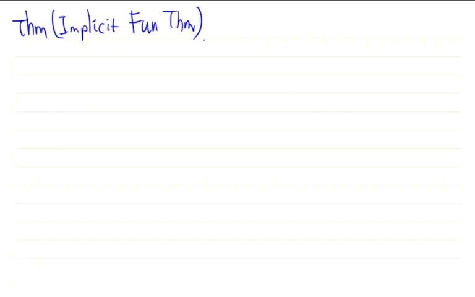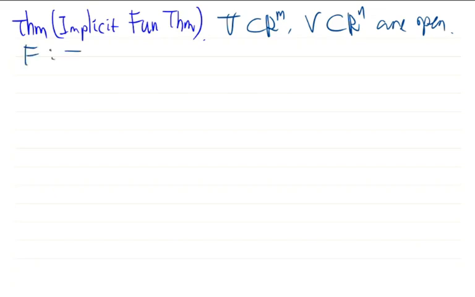Suppose U is an open set in Rm, and V is an open set in Rn. And we have a map F defined over U cross V to Rn.